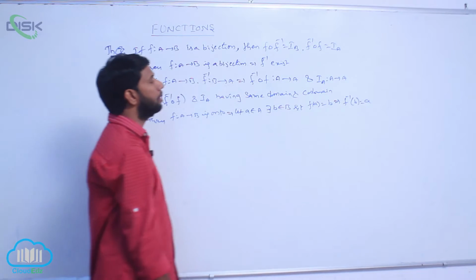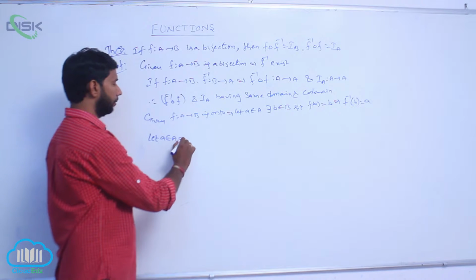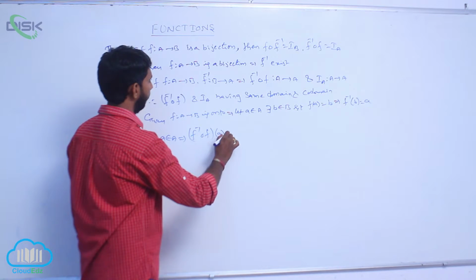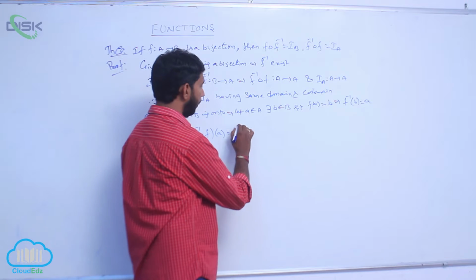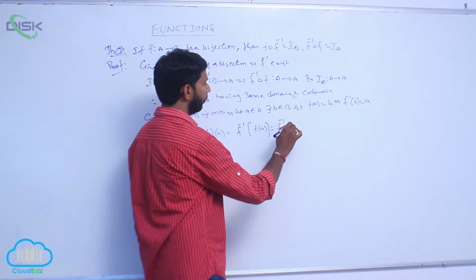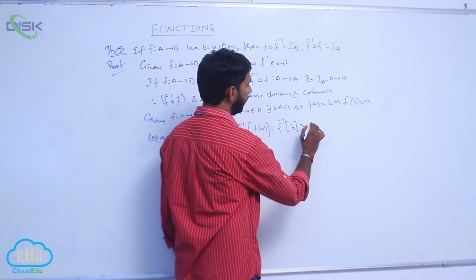Let small a belongs to A, that implies f inverse circle f of a is equal to f inverse of f of a, that is equal to f inverse of b, that implies f inverse of b is equal to a.